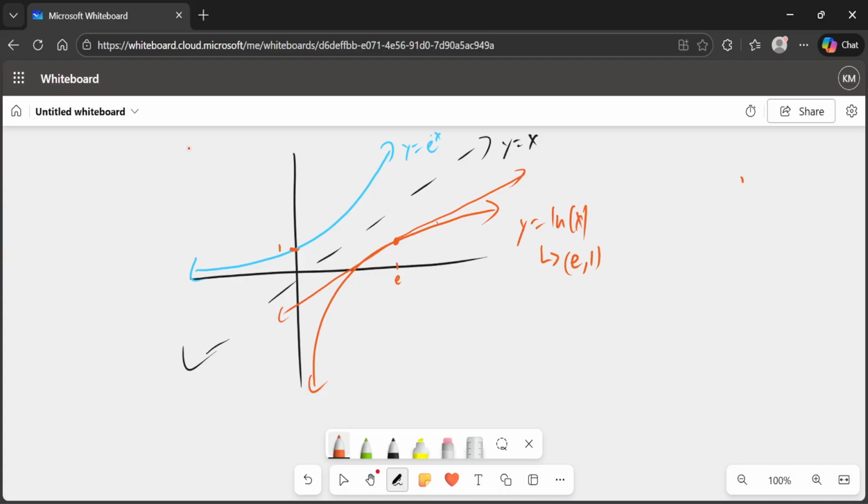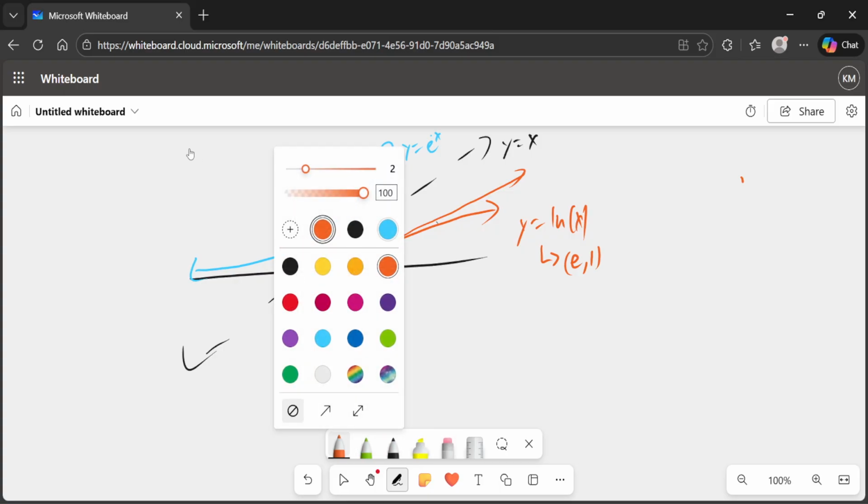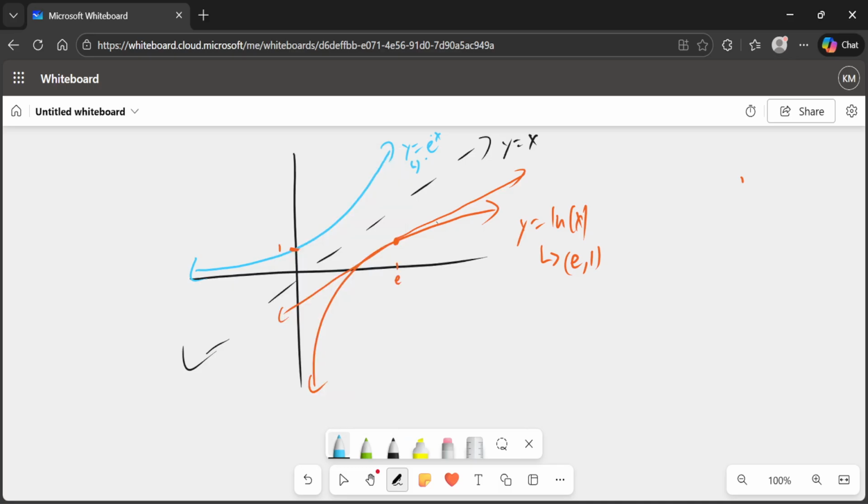But on our inverse, that point is instead 1 comma e, right? So at 1 comma e, our slope looks like that.